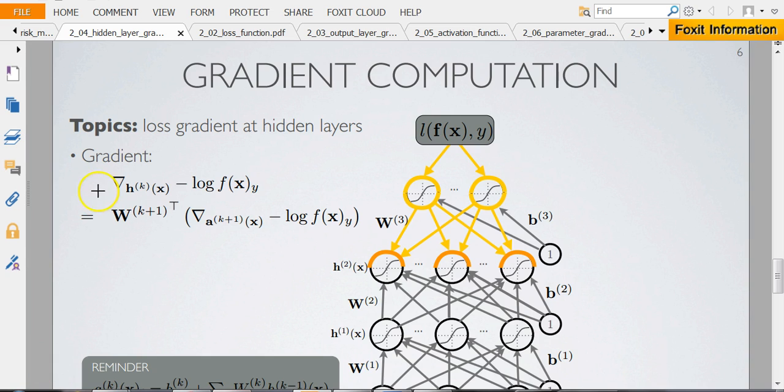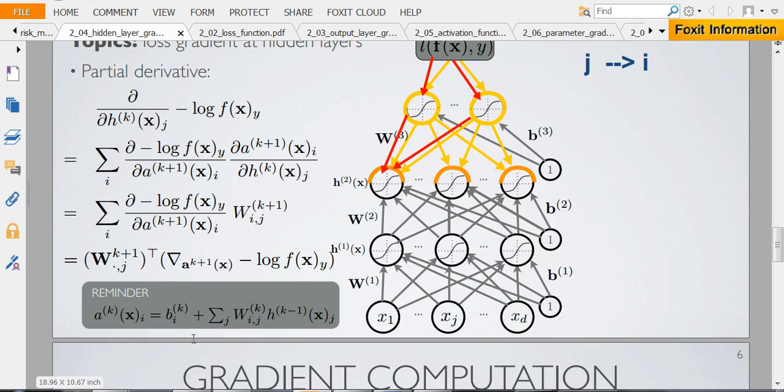Okay, so the next thing we want to consider is taking the gradient instead of the derivative of the loss function. So in the last screen we took the derivative of that, but now we want to take the gradient.